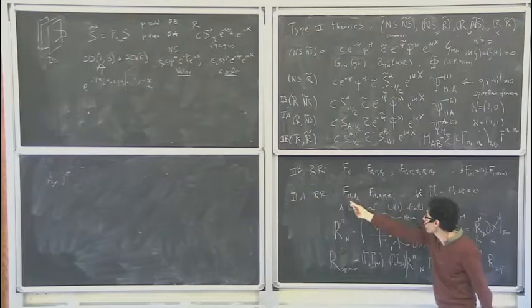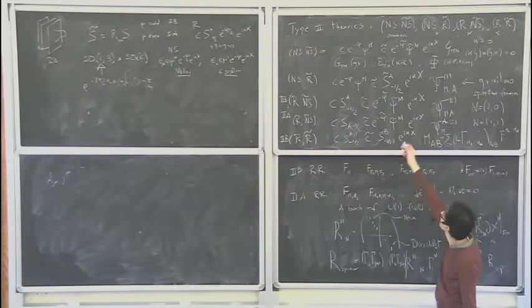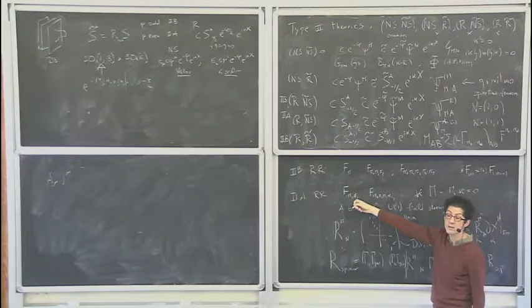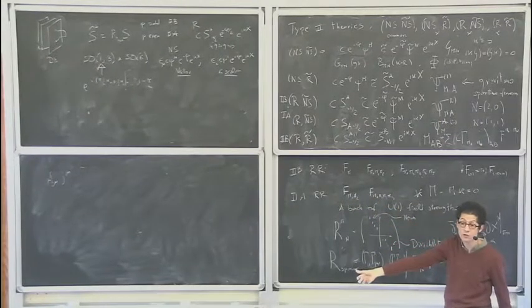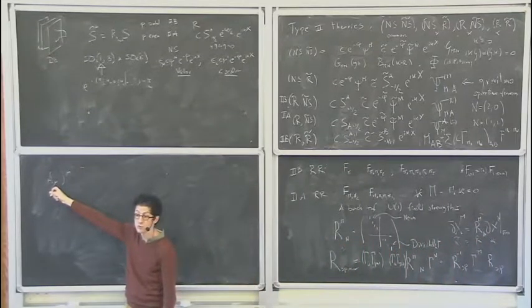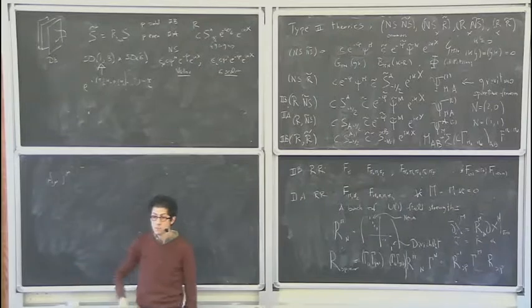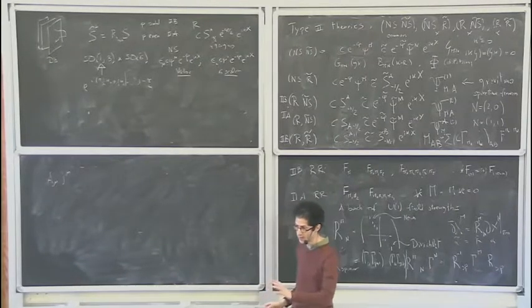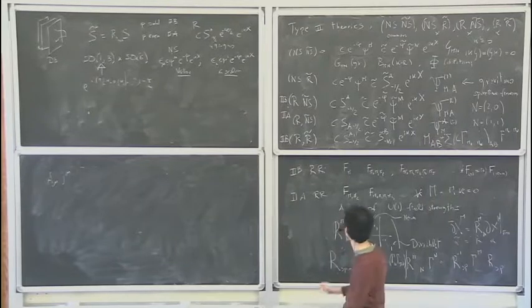Because all the 3-point couplings that you can write with these perturbative states involve directly the field strength, and so this coupling would go to 0 when k goes to 0. This coupling does not go to 0 when k goes to 0. So theorem: there is no perturbative state that is minimally coupled to these U(1)s.